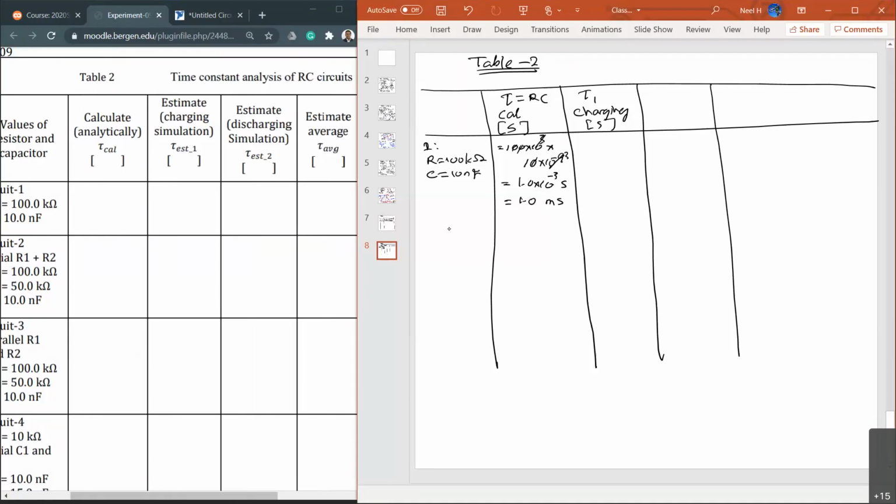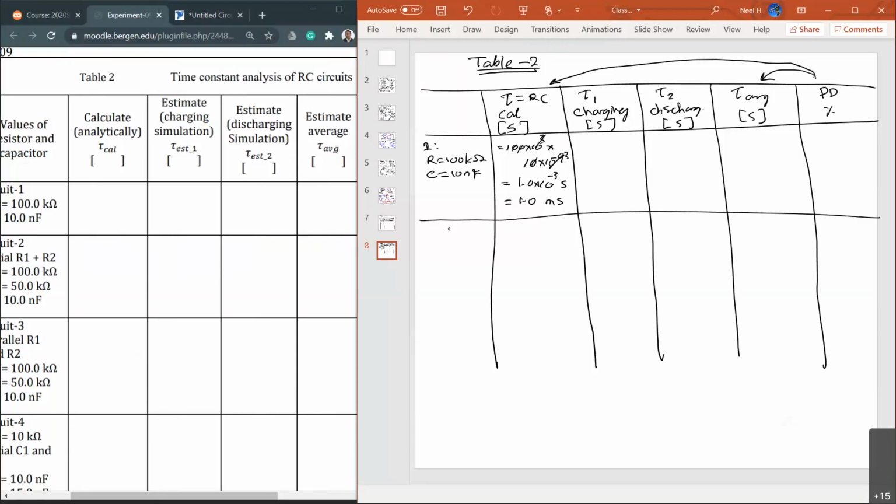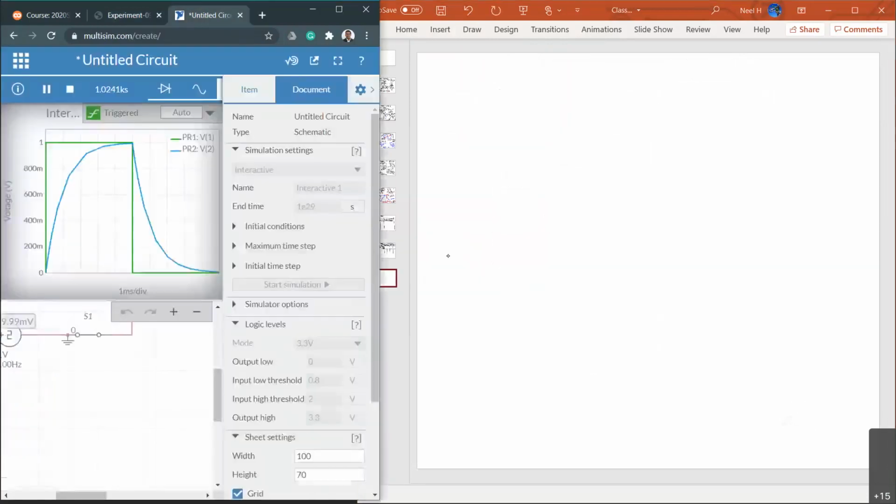That is tau 2, using the discharging curve, unit of second. Then I have to take the average of these two, T average, unit of second. Then I have to compute the percentage difference between the average value and the calculated value. Okay, that is the expected percentage. That's the plan. Now let's take a look at how to find the time constant using the charging and discharging graph.